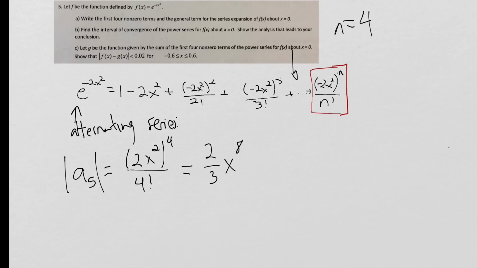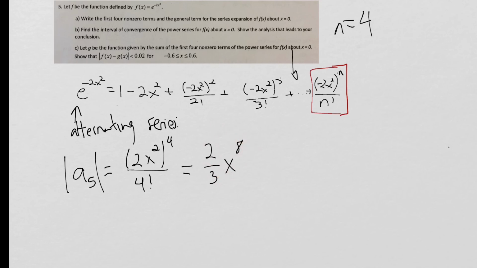Now, you may say, what does that have to do with all this? Well, this here gives me an error on all this stuff. Notice this has an x in it. I can plug in this x value of 0.6. I could plug in negative 0.6 or positive 0.6 in here, and it would give me the same value because it's got an 8th power.